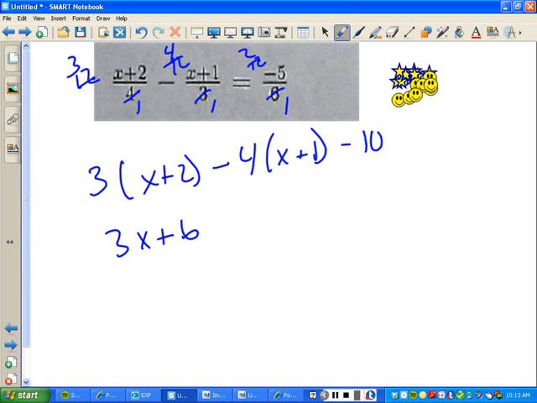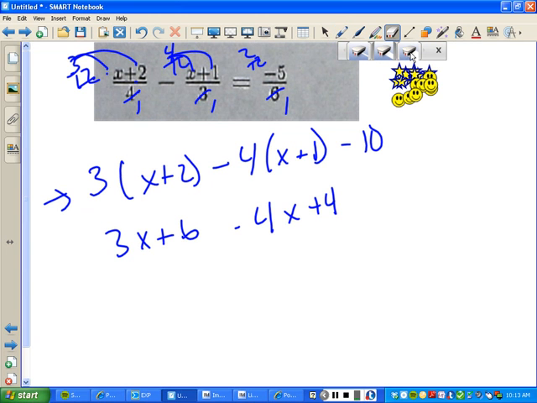The reason I don't want you distributing up here without writing down this step, there's a reason for it. It's because if you do distribute, you get 3x plus 6, you get 4x plus 4. And what I see a lot of people do is they go like this, minus 4x plus 4. If you did that, what I need you to do is find the very largest eraser you can find and go like this.